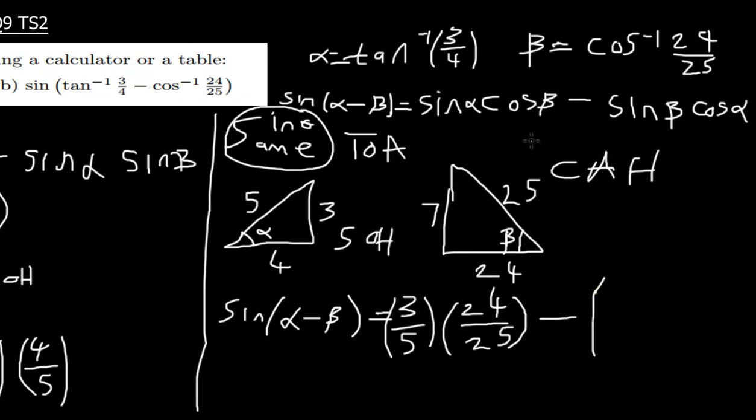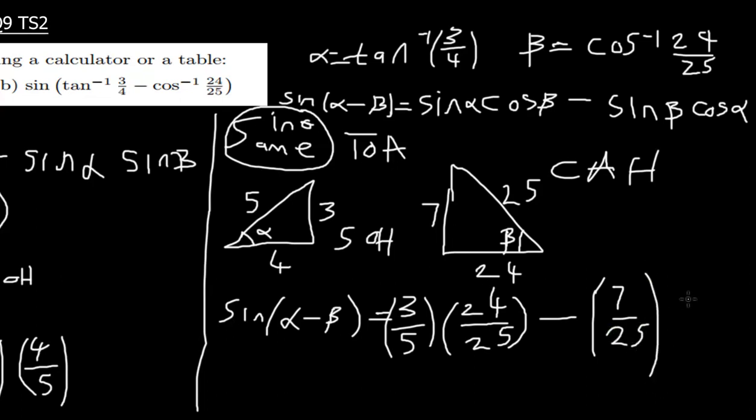We move on to sine beta. We are still dealing with sine, which is opposite and hypotenuse, so we go where there's this angle beta. Now we're dealing with sine, so it will be opposite. Which one is our opposite? 7. So 7 is our opposite over, what is our hypotenuse? Our hypotenuse is 25, right? 25 like that.